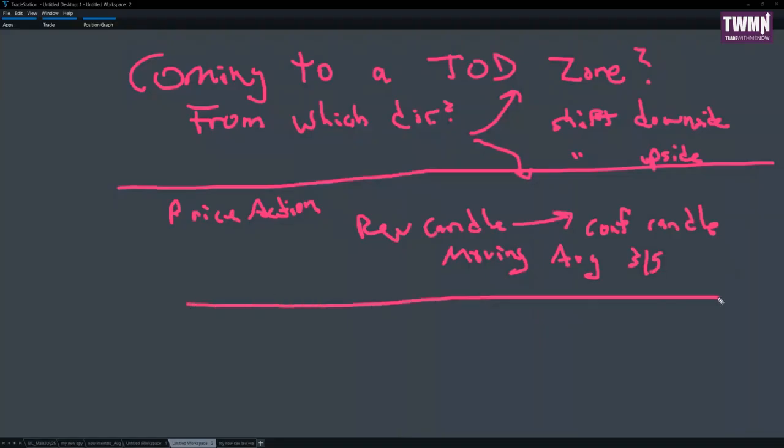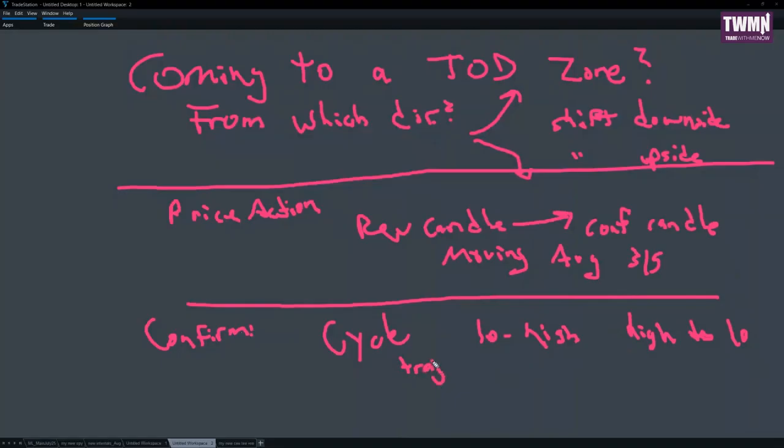And once you have that, it's time to confirm with cycle, preferably low to high, or high to low. You want to see the trajectory of it moving, and you want the color, right? You look at the RSI, and you want it to be above or below 50%.